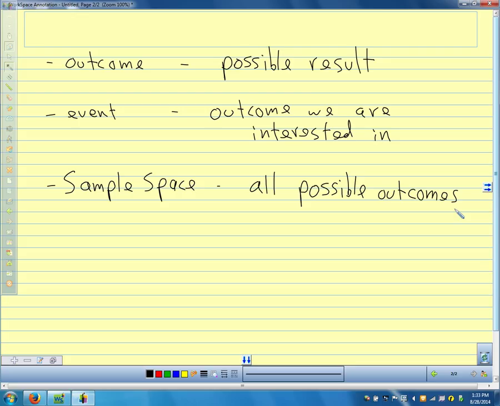What would be the sample space for 1 standard number cube? There are 6 things in the sample space. The sample space is all the ways that it could come out. So what would be the sample space?